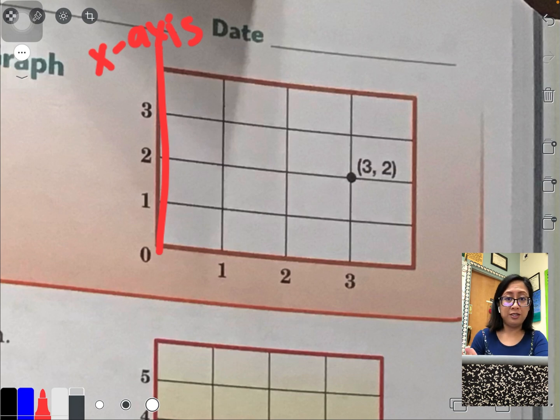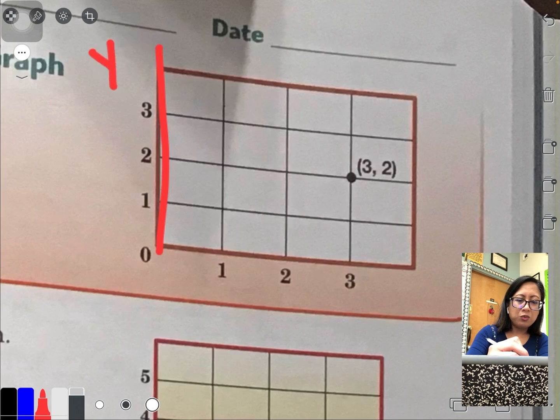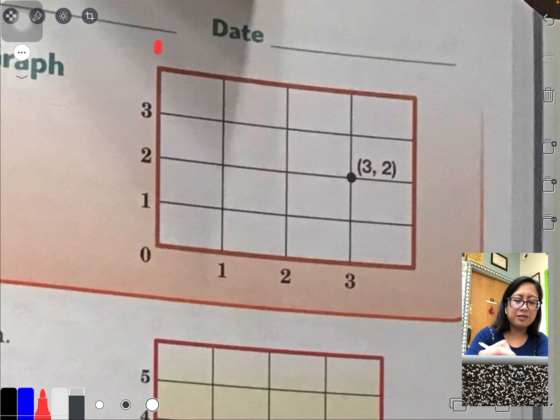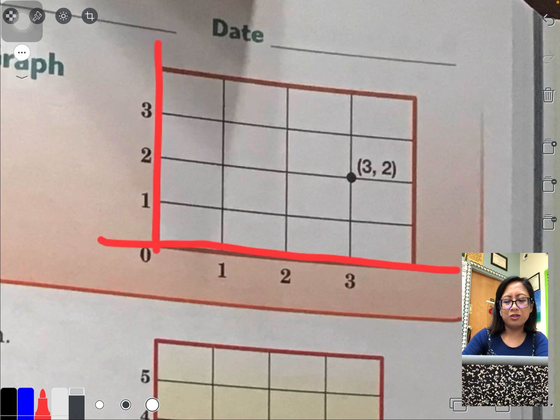And I didn't learn this until 7th grade. So that's called the x-axis. This part, sorry, that's the y-axis. It's called the y-axis. This is called the x-axis. And I'm labeling it. I can easily say this is vertical and this is horizontal. I just wanted to give you an idea of what they were called when you get older.